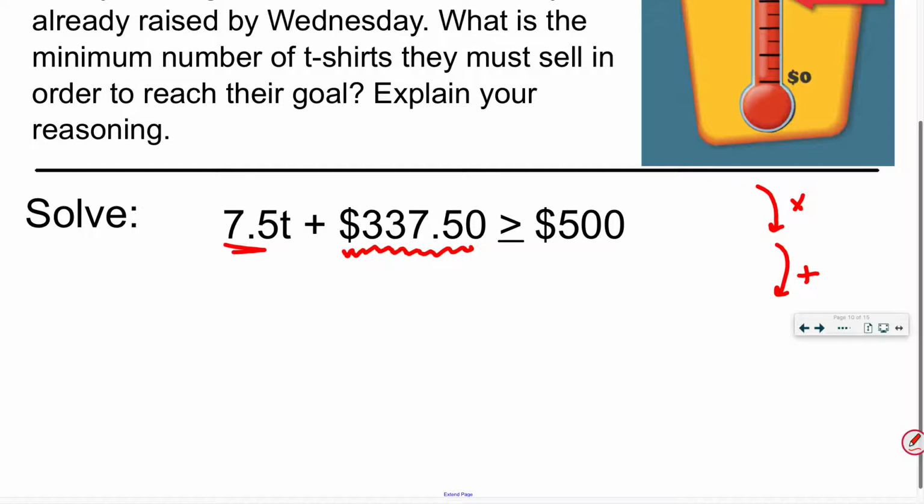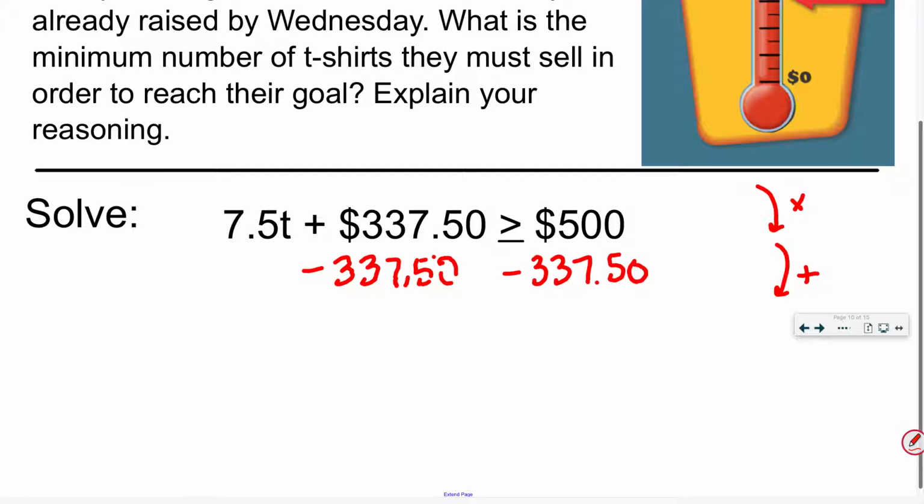What are we going to subtract? 337 dollars and 50 cents. Perfect. So what are we left with? If we rewrote our inequality, which is a great strategy for those of us that need some clarification, 7.5t is greater than or equal to what?